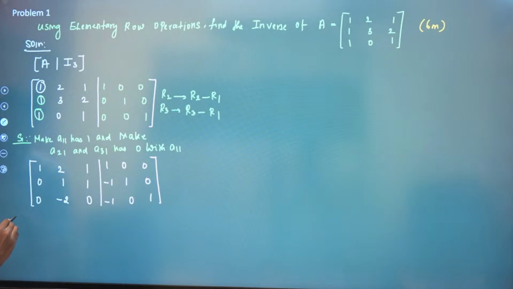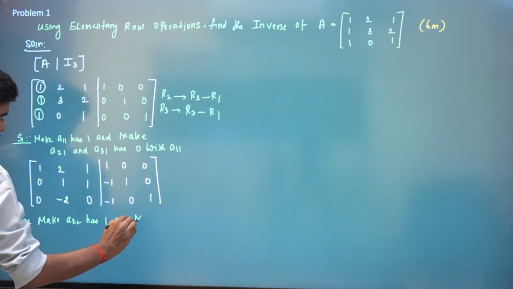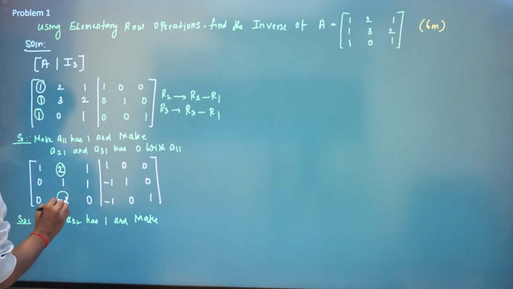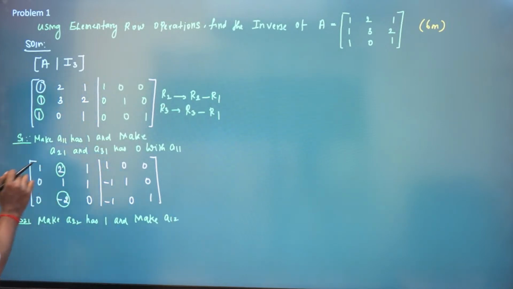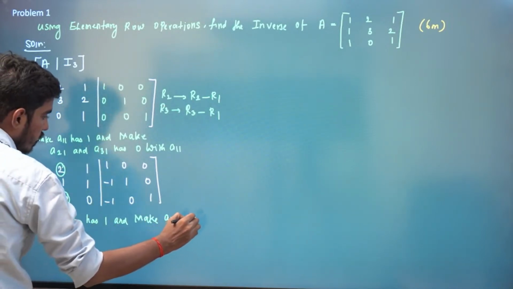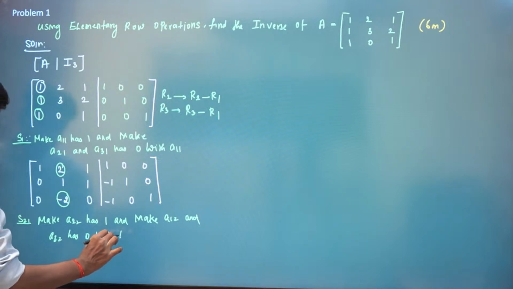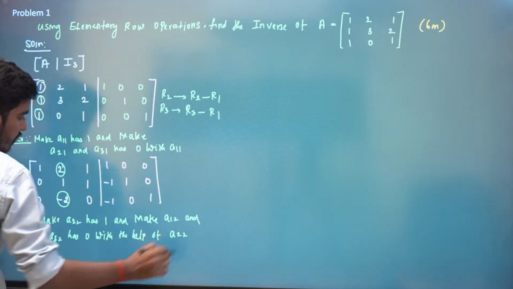Now the second step is to make A22 as 1 and make A12, that is first row, second column, and third row, second column as 0 with the help of A22.